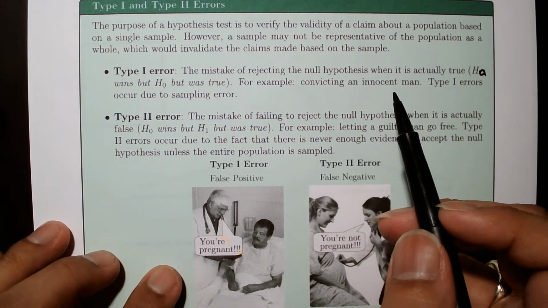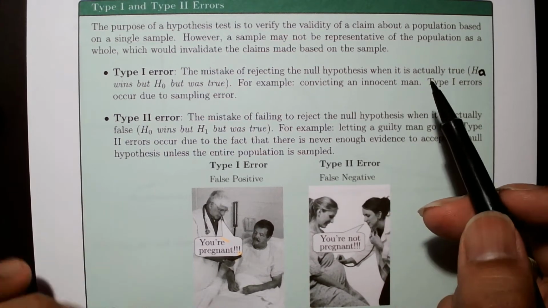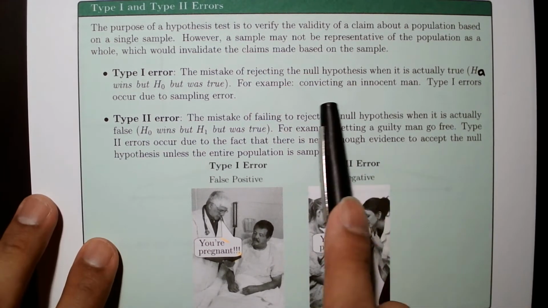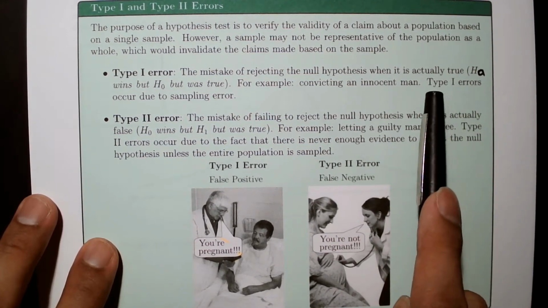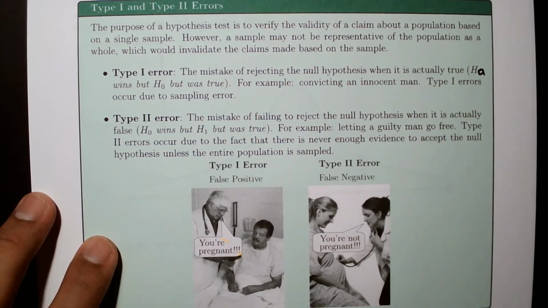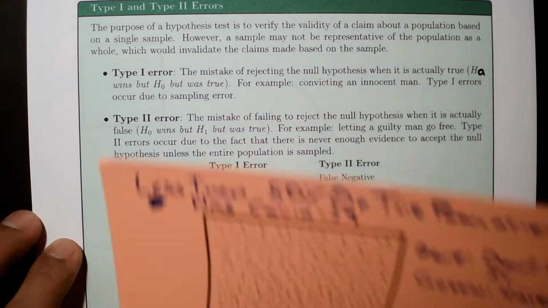We have seen this very, very often: how many people go to court, or are given the death penalty or something, but they were innocent people. And what gives rise to type 1 error? Well, sampling error.